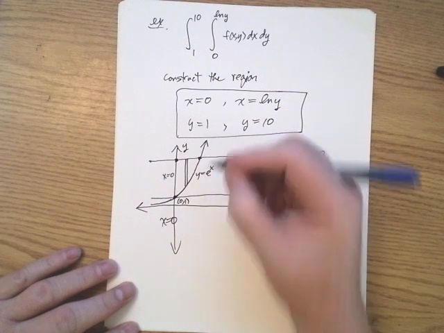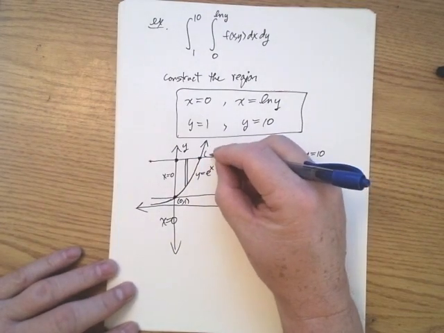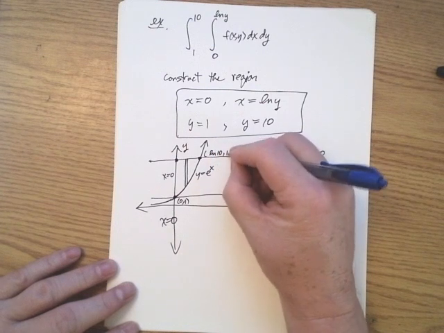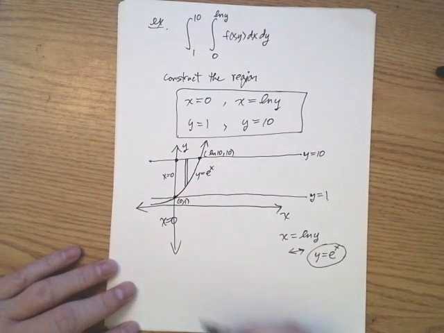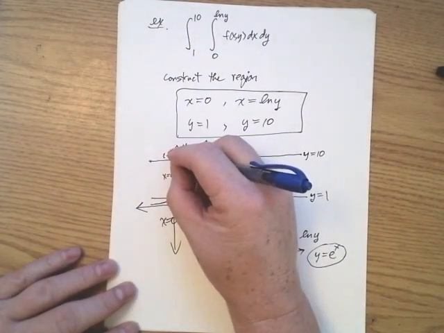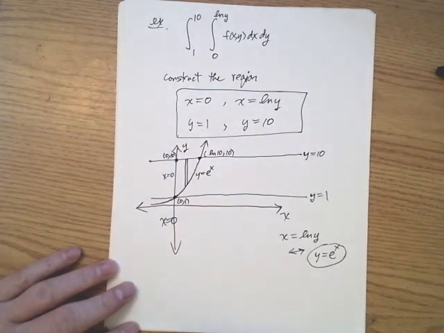What's this right here? The y value is 10, so the natural logarithm of 10 would have to be the x coordinate. And over here, the x coordinate is 0 and the y coordinate is 10.